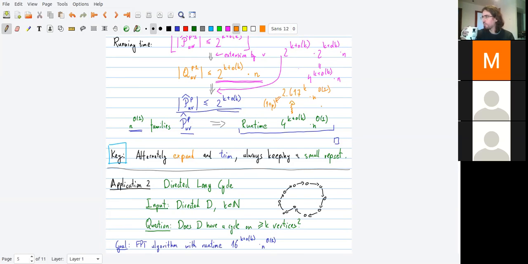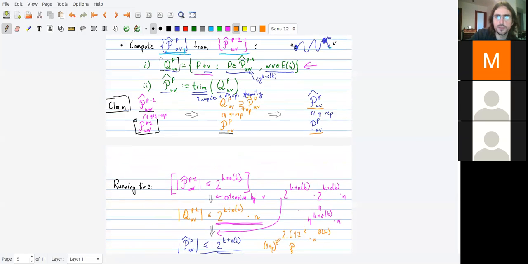One thing I maybe just missed: when we expanded, do we have to somehow avoid returning to vertices we've already seen? Yes, you are completely right.